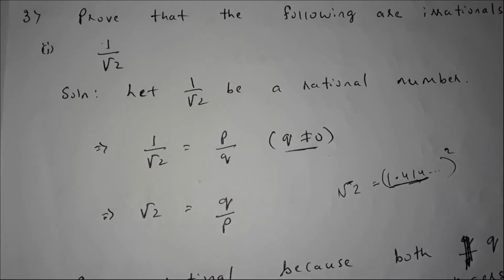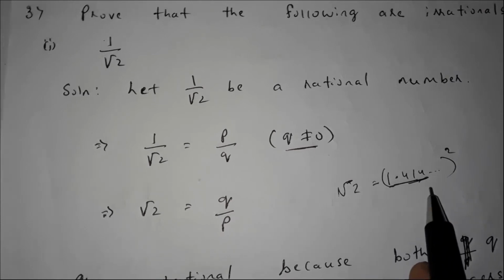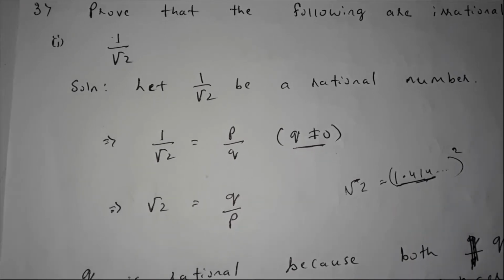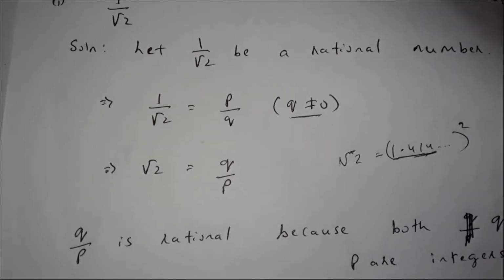Non-terminating, non-repeating decimal. So the square of this number you get root 2. Non-repeating and non-terminating means an irrational number. You will never get a perfect fraction of root 2. Since you will never get a perfect fraction, that means it is an irrational number.